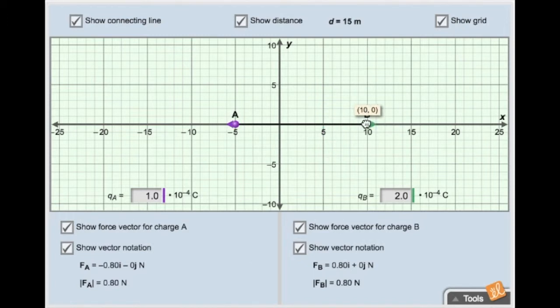At a distance of 15 meters apart, the force is 0.8 newtons. 20 meters apart, it's 0.45 newtons. 30 meters apart, it is 0.2 newtons. And finally, 40 meters apart, the force is 0.11 newtons.